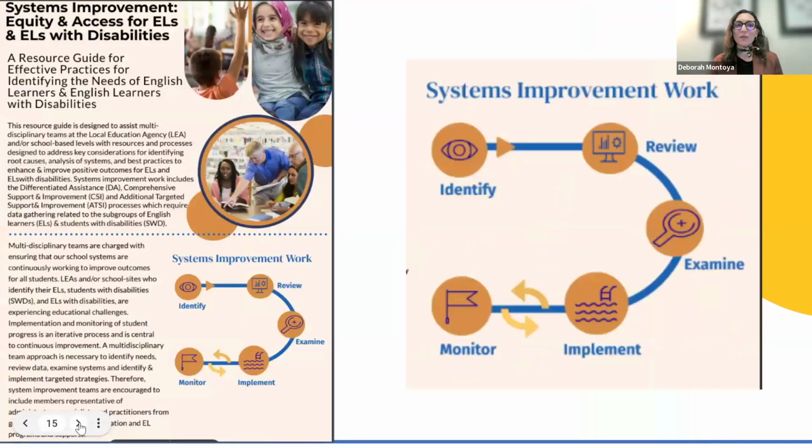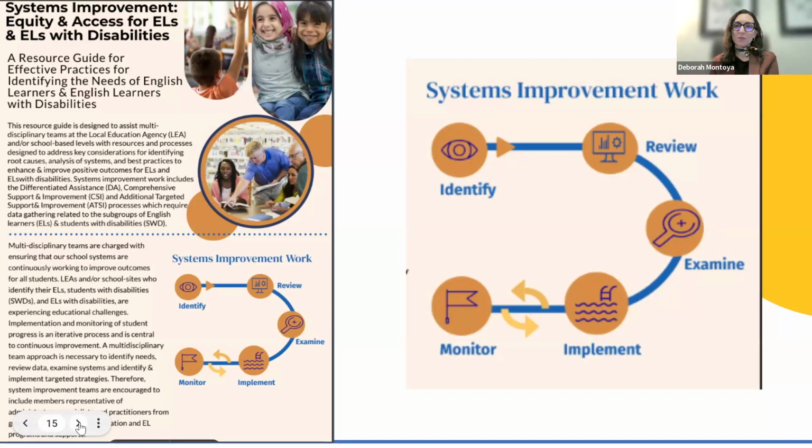The Systems Improvement for Equity and Access for English Learners with Disabilities is a resource to support, perhaps to depersonalize in a group as you work with collaborative support networks, or you're thinking about who can engage with me in this work. Have I established those relationships and partnerships with other experts within your system, whether you are working at a school site, within a larger district, maybe a SELPA or county office, and working in collaboration.